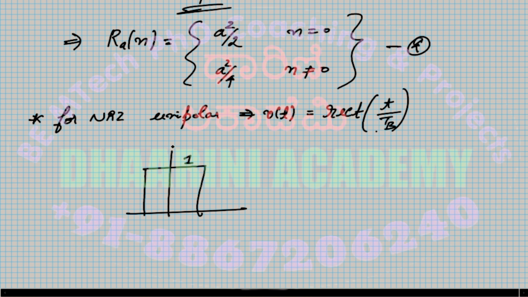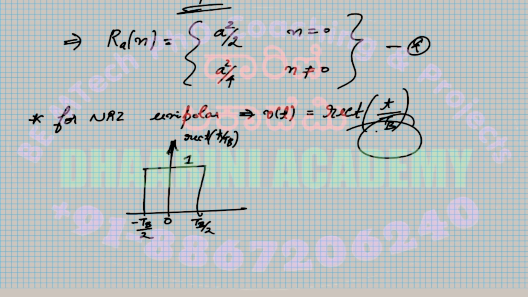So this is the amplitude. Amplitude is 1. So this is the function rect of t by tb. That means it is centered at 0. On the left hand side, it goes halfway, so minus tb by 2. Right side, it is plus tb by 2. Now you see the total width is tb. This is the tb in the denominator inside the bracket.